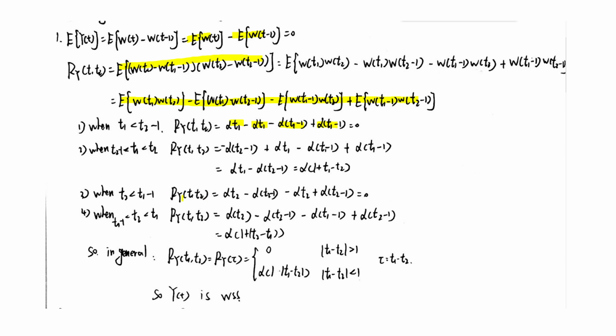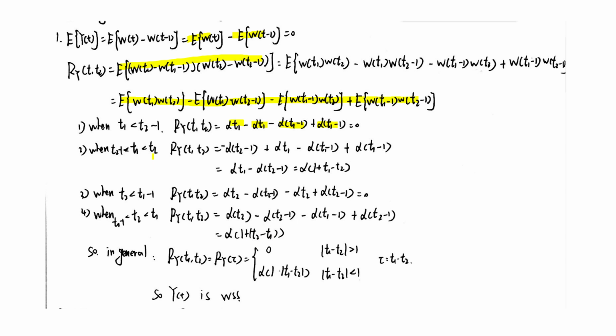Similarly, R_Y(t1, t2) under this circumstance is equal to 0. And the last circumstance is when t2 is greater than t1 minus 1 and less than t1. So finally the value of R_Y(t1, t2) under this circumstance is alpha (1 plus t2 minus t1).